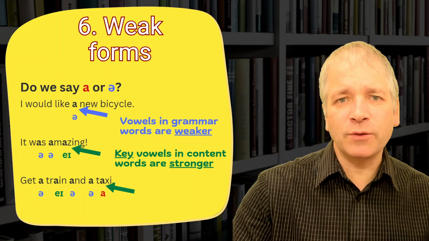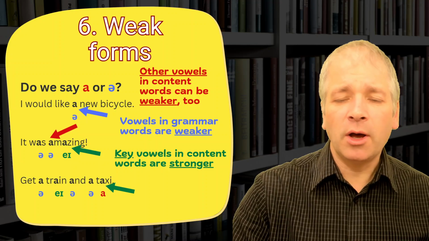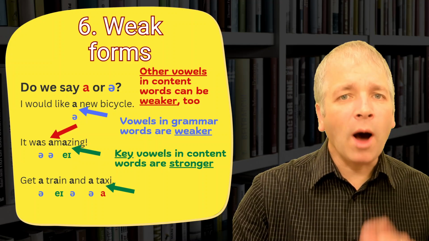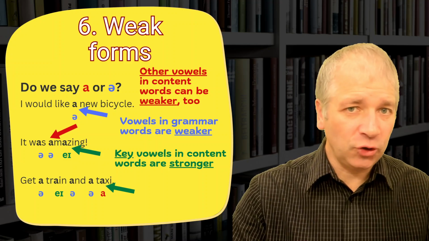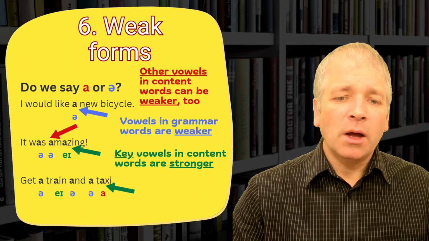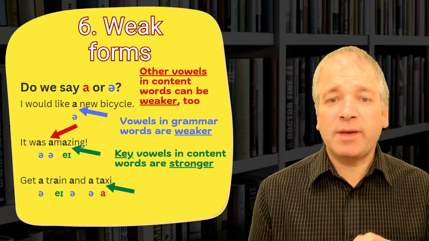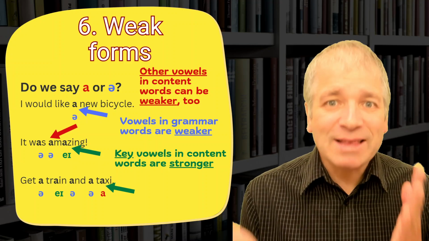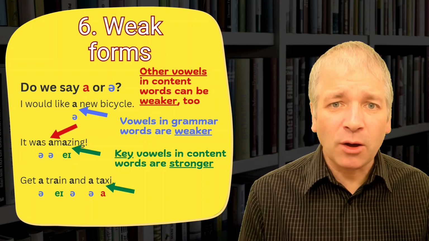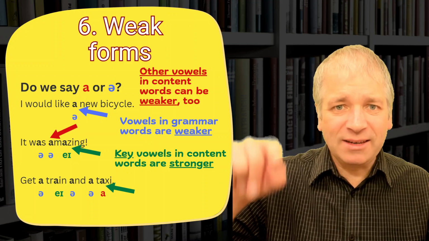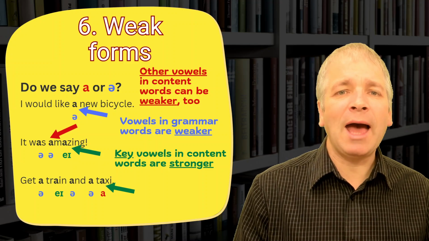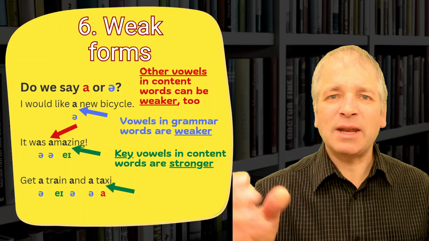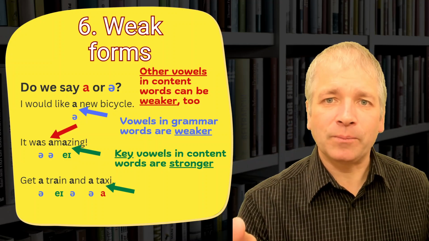But you may have noticed in the word amazing, one of the letters A was weaker too. So other vowels in content words can be weaker too. Why is this? Well, that is because in longer words with many different syllables, where there are many sounds in one word, we usually have one syllable that is the strong syllable.